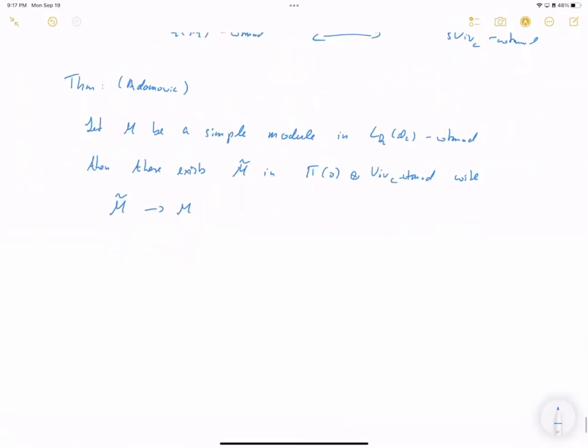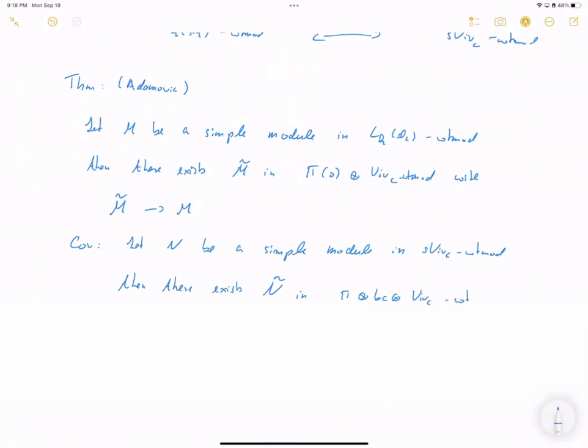And as a corollary, the same holds for super-VRSO, with the same property.